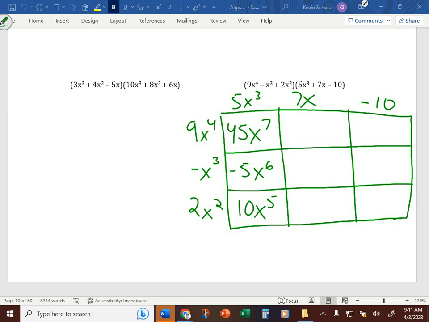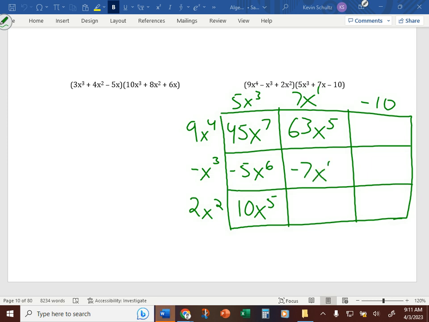Filling out the rest of these, we're kind of running short on time, so I'll just do them here. We got 63x to the fifth, 9x to the fourth times 7x. Don't forget, this x does have a power of 1, even though it isn't written there. So it's not 63x to the fourth. You are multiplying that x to the fourth by another x, so it's x to the fifth.